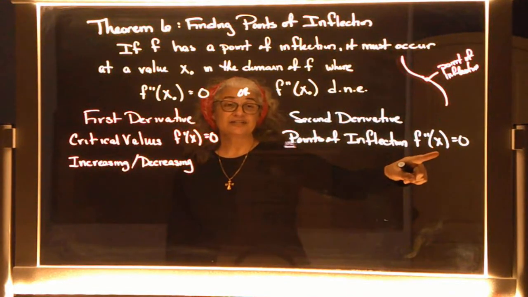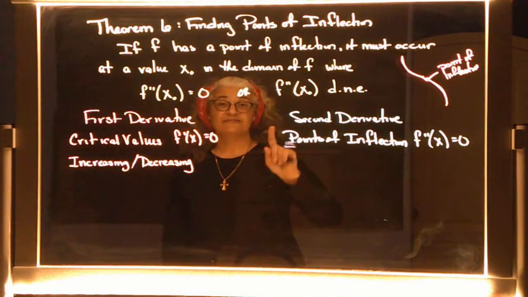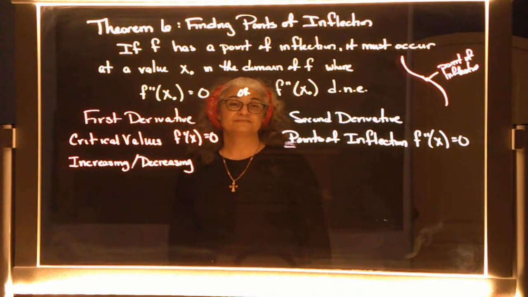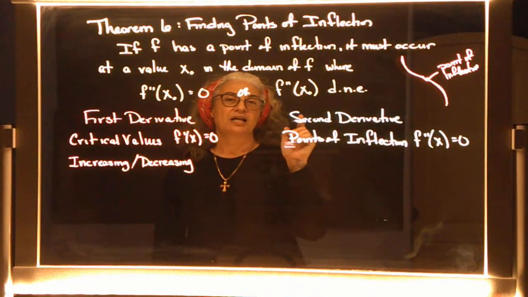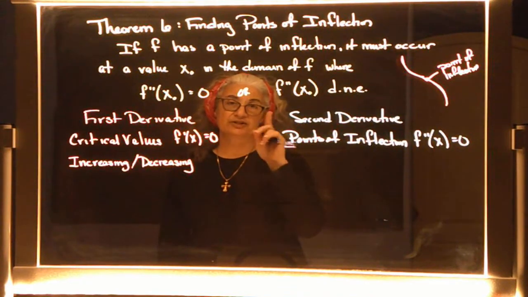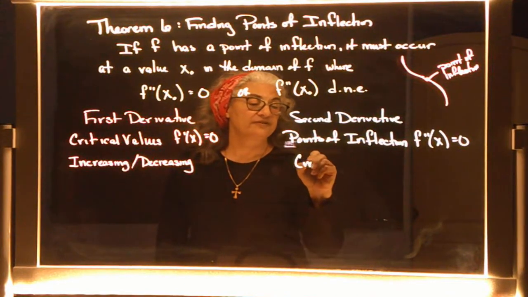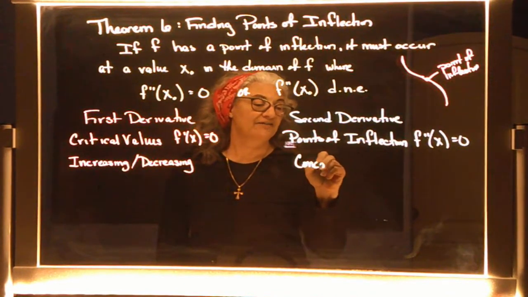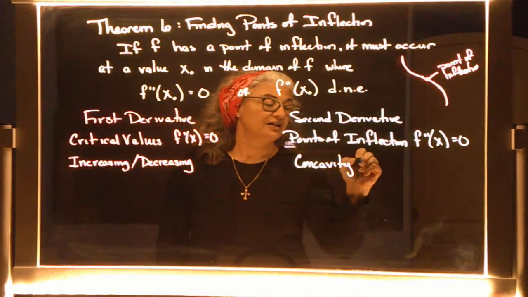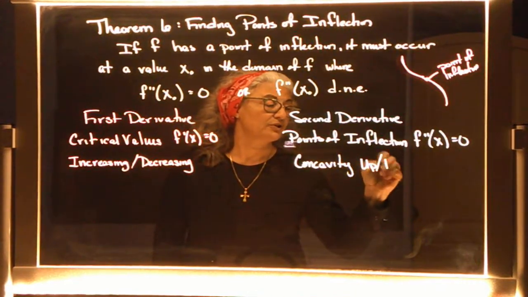If I take the second derivative and set it equal to 0, I find points of inflection. With me? Okay. The first derivative helps me find increasing and decreasing. The second derivative helps me find concavity. Concave up or concave down.